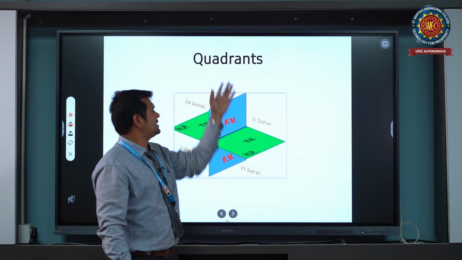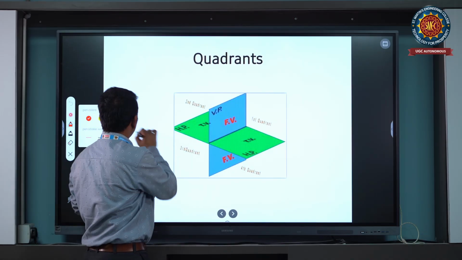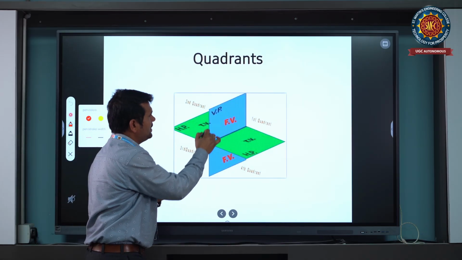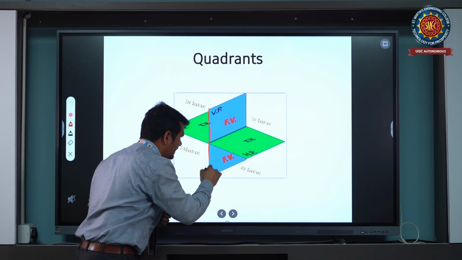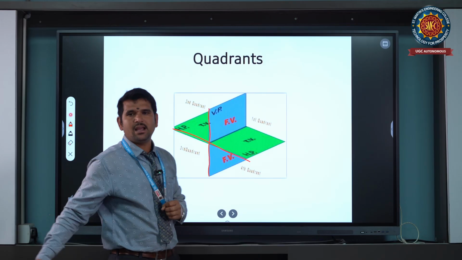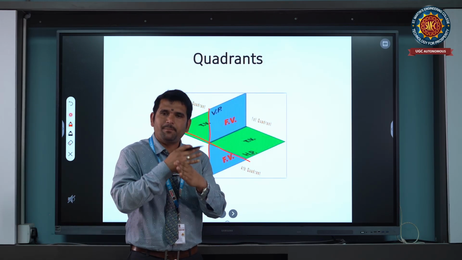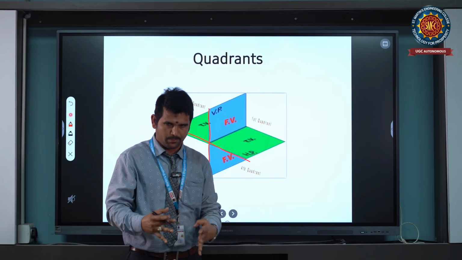So see here, generally this is a plane. So here in this plane what is going to happen? See, this is called the vertical plane, and this is called the horizontal plane. Now we have divided the plane into four equal parts.